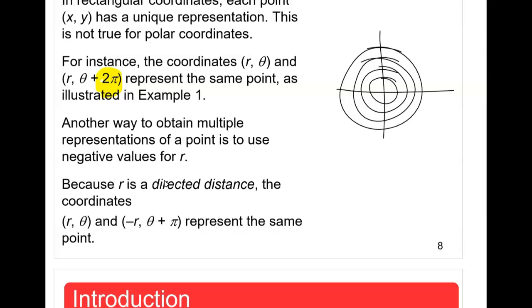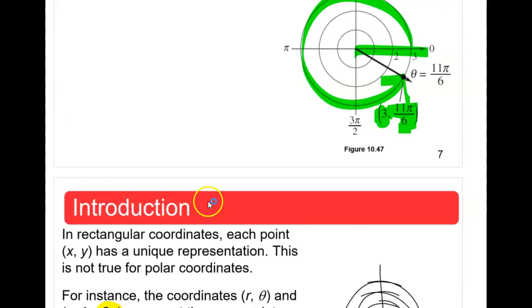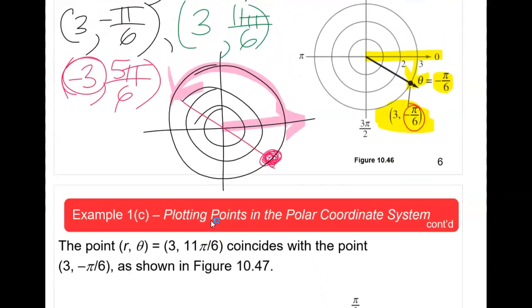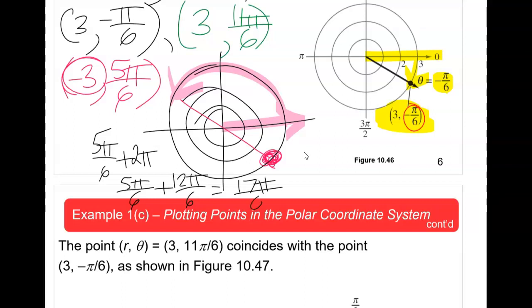So if we keep adding 2 pi to our representation, for example, let's work with this one. If I was to add 5 pi over 6 plus another 2 pi, then I will get 5 pi over 6 plus 12 pi over 6, and that will give me 17 pi over 6.